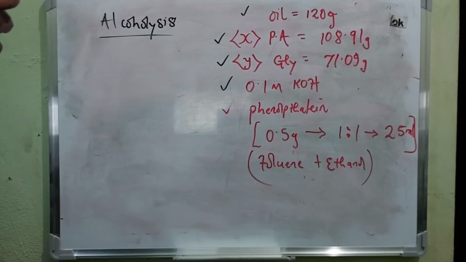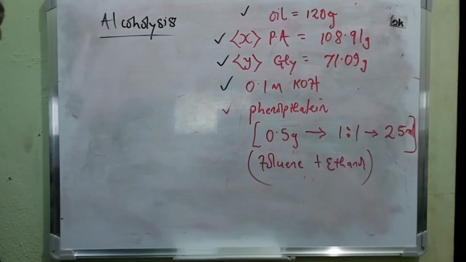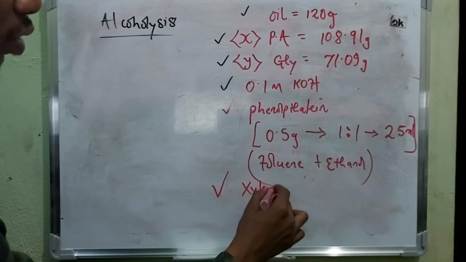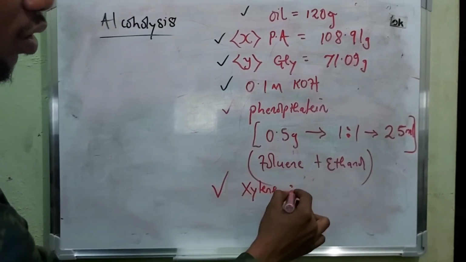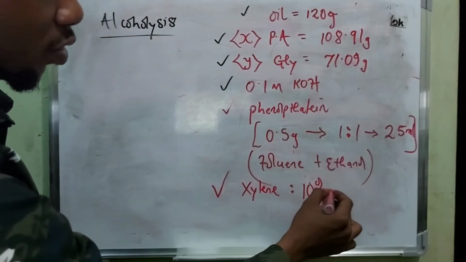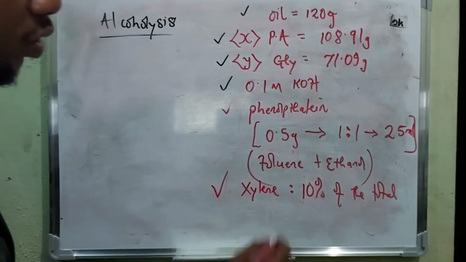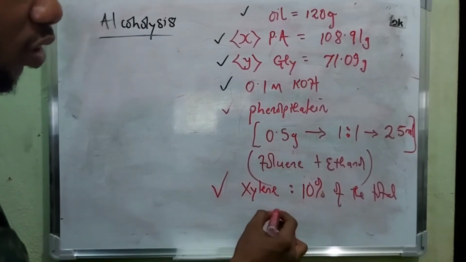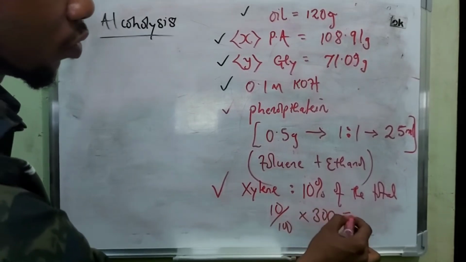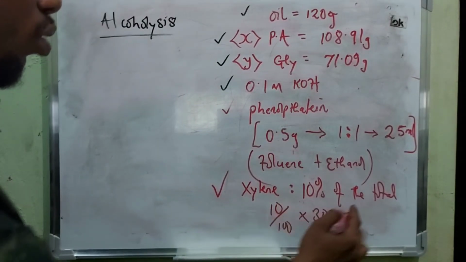Then you also need, let's see what is left. Xylene. And bear in mind your catalyst. So we have xylene, and the quantity you're going to be having here should contain 10% of the total weight of the alkyd resin. So 10% of the 300 gram formulation, 10 over 100 times 300 gram, that is 30 gram.